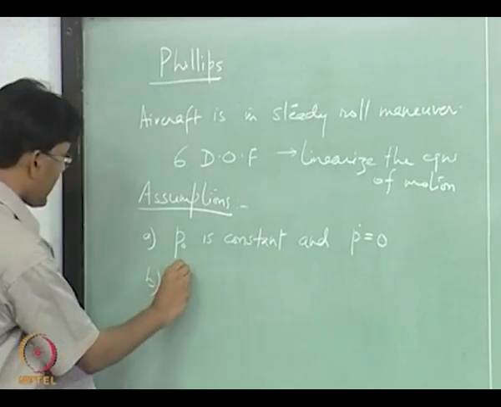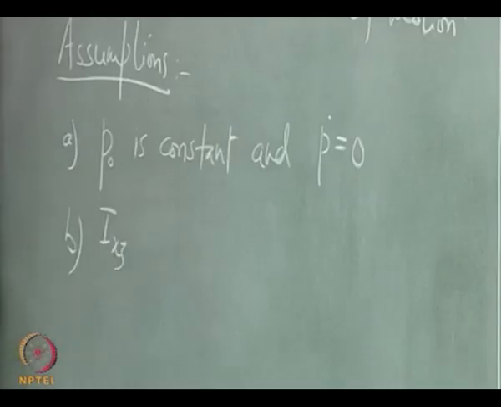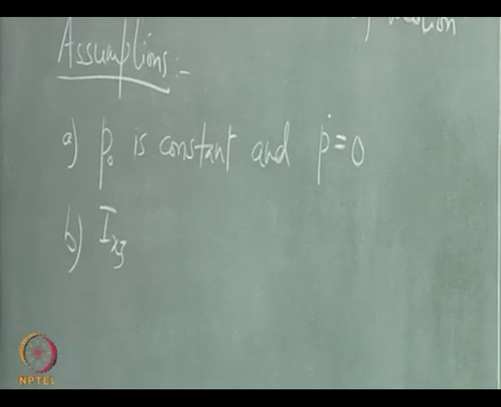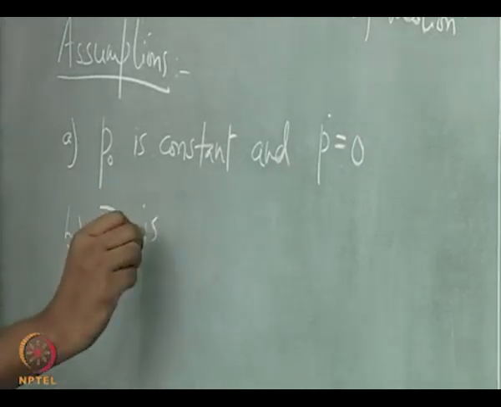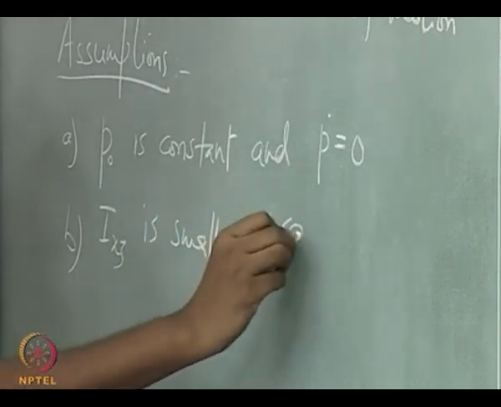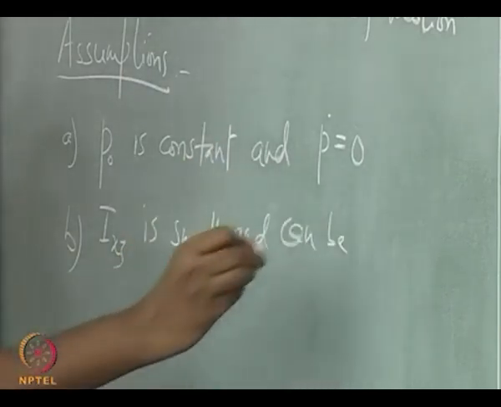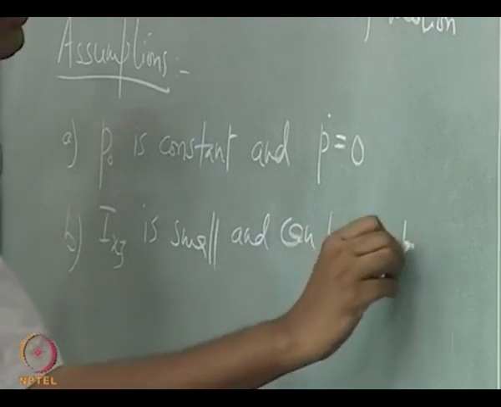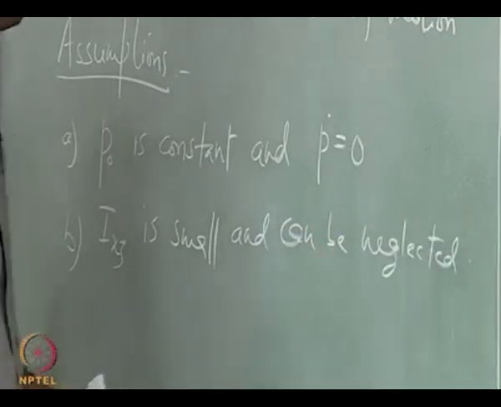B, this inertia term, which is the cross inertia term, is small and can be neglected.